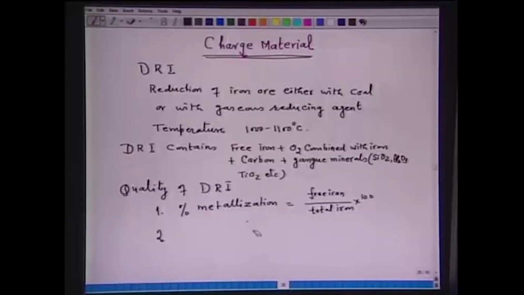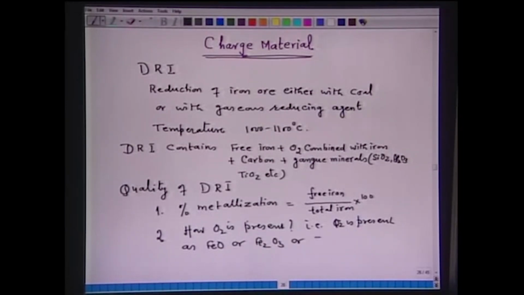Second important thing is how oxygen is present, that is, either oxygen is present as FeO or Fe2O3 or Fe3O4.